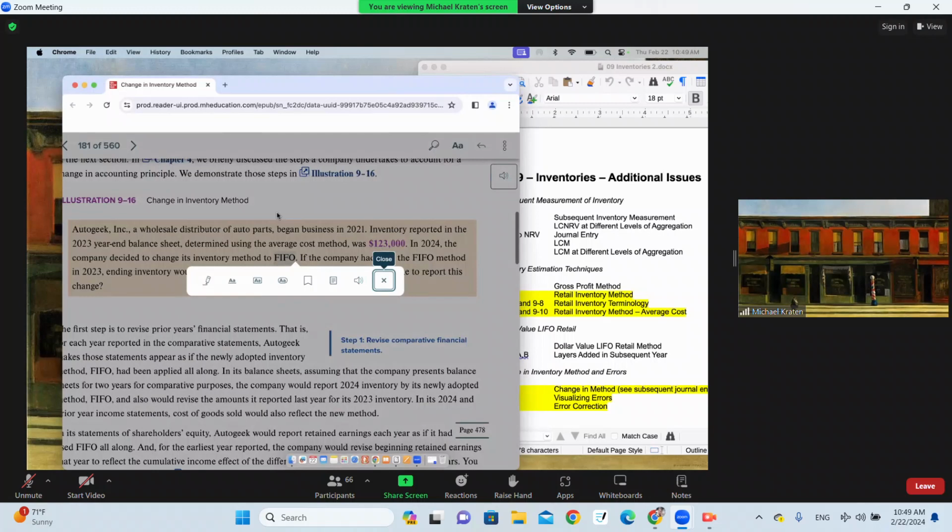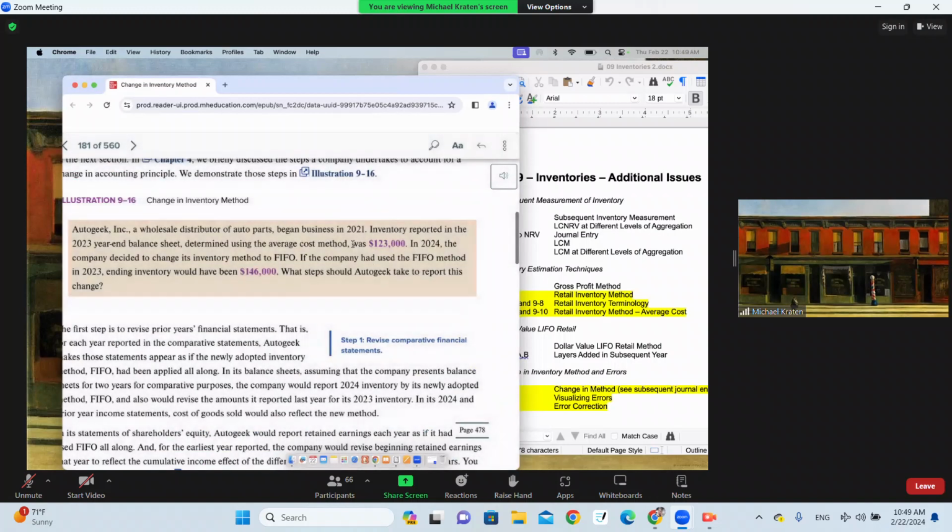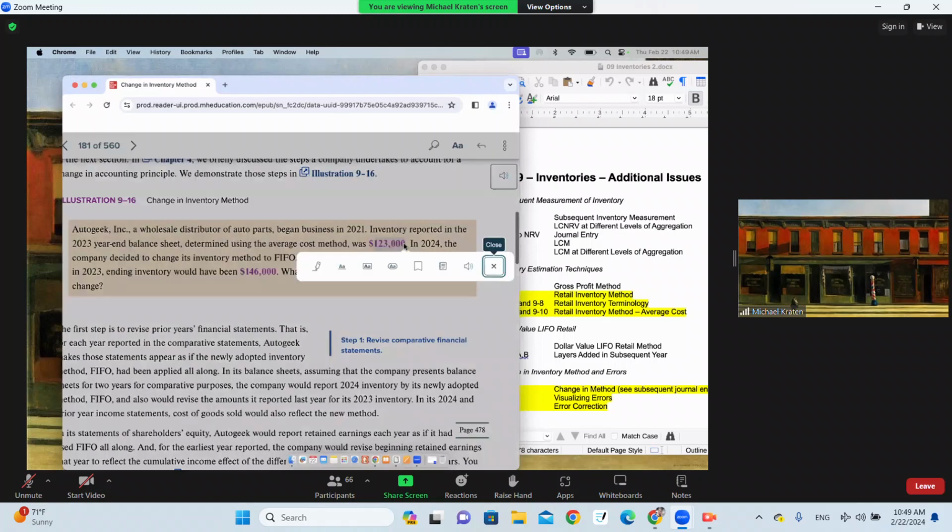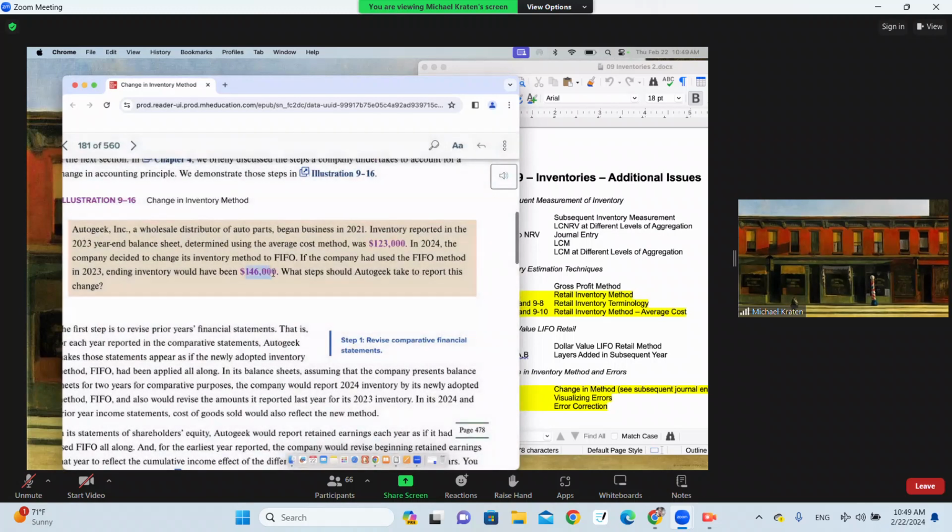If you then switched to milk that could spoil, then you might switch to FIFO. Could be other reasons that you'll get into if and when you take advanced accounting, why it might be appropriate to make that switch.